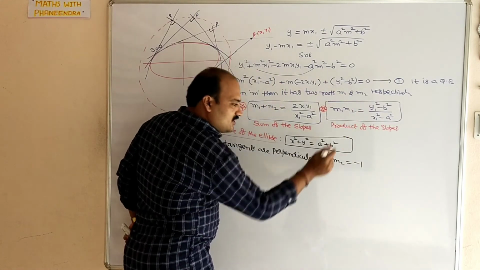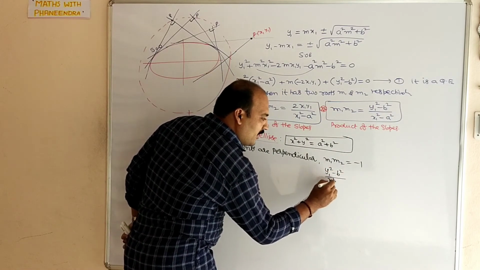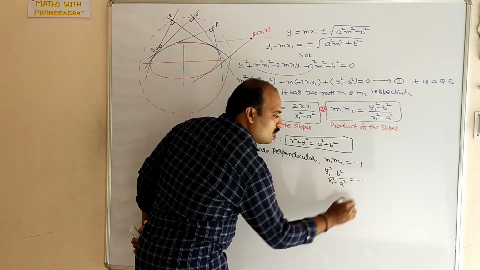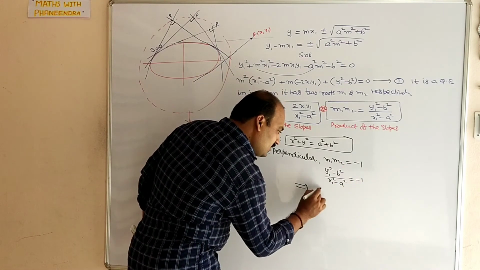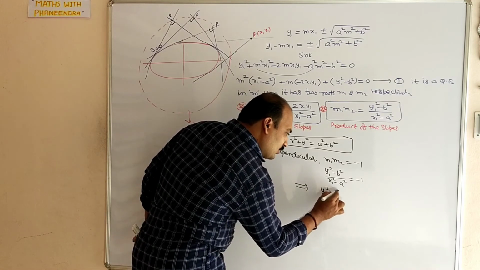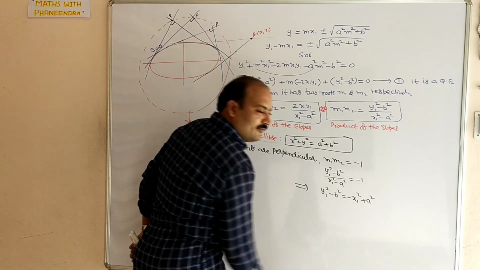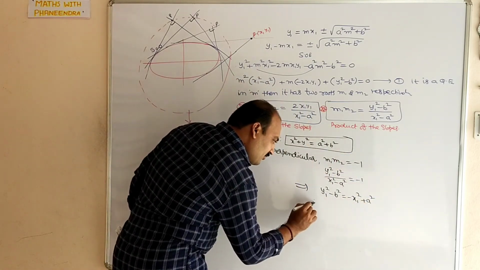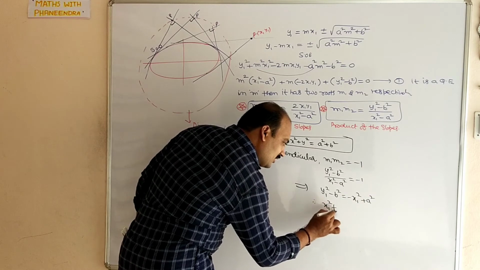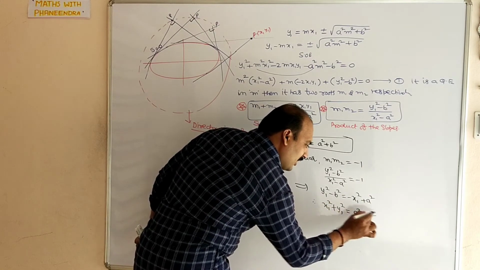m1 m2 value is this only, no? y1 square minus b square by x1 square minus a square is equal to -1. Cross multiply and we get y1 square minus b square equals minus x1 square plus a square. Taking minus x1 square to this side and minus b square to this side, we get x1 square plus y1 square equal to a square plus b square.